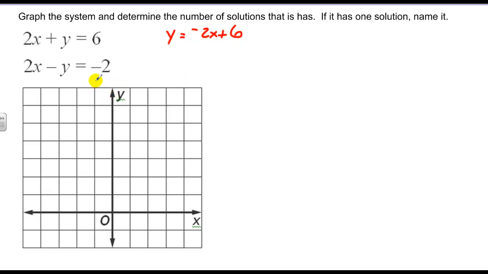In this case, I will add 2 and add y to both sides, so I end up with y equals 2x plus 2. So in doing that, I'm now going to graph these. We'll do this top one in red.